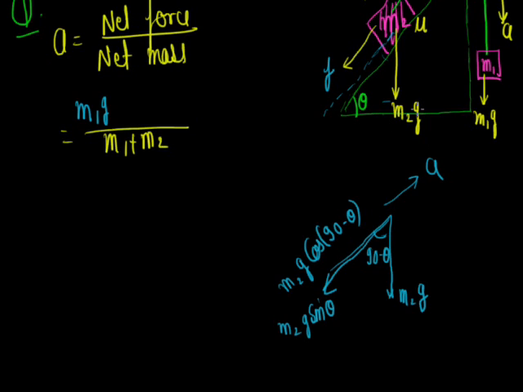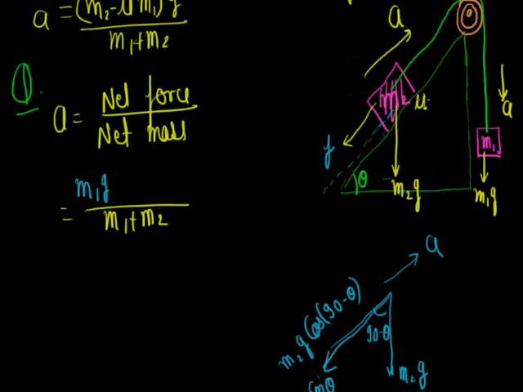So one of the forces, which is M2G acting on M2, its component along the direction of acceleration is M2G sin theta, but since it is in the opposite direction of acceleration, we have to write it with a negative sign, M2G sin theta.